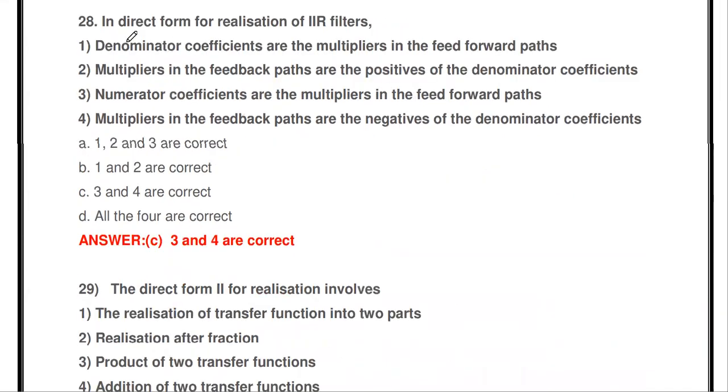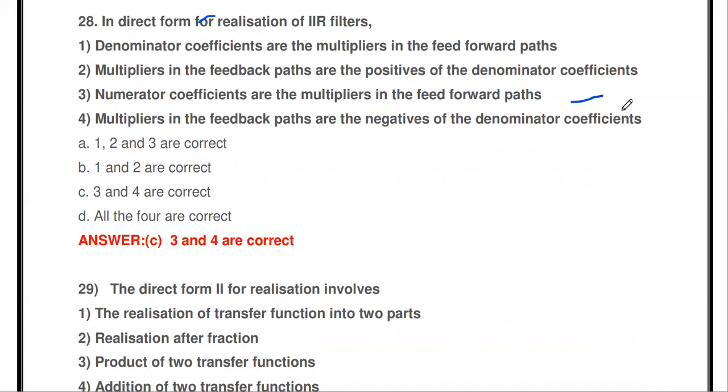The next one, in direct form realization of IIR filters: the denominator coefficients are multipliers in the feed forward path; multipliers in the feedback path are positives of the denominator coefficient; numerator coefficients are multipliers in the feed forward path; multipliers in the feedback path are negative of the denominator coefficient.